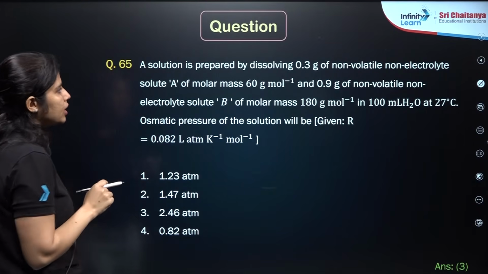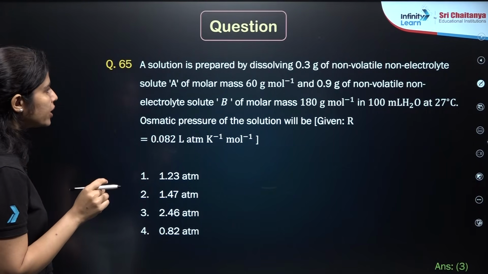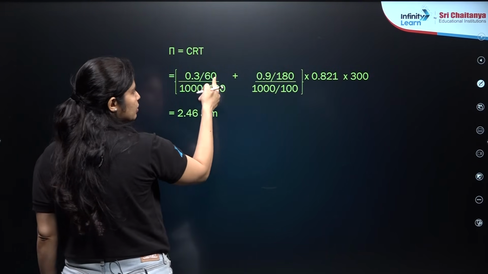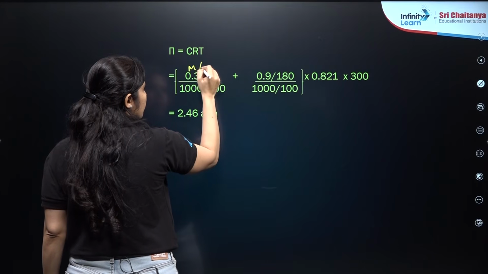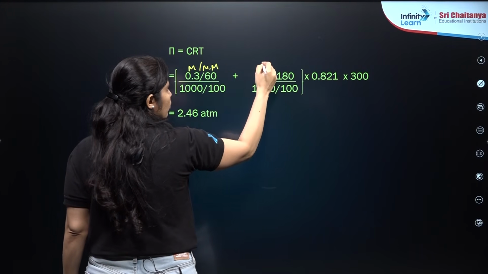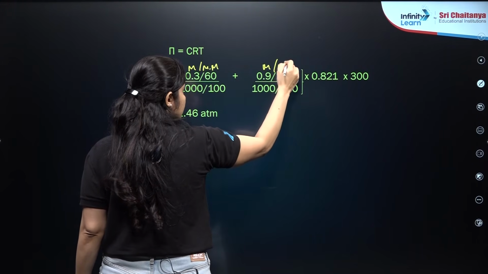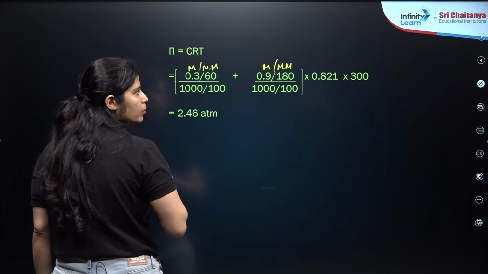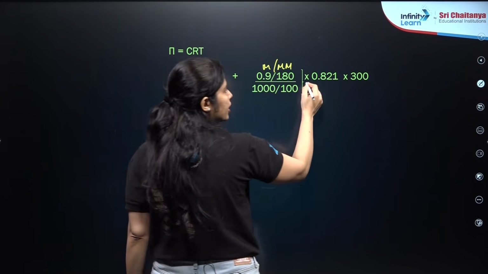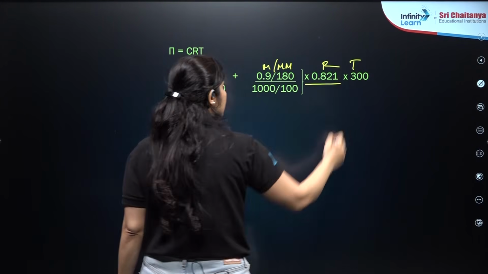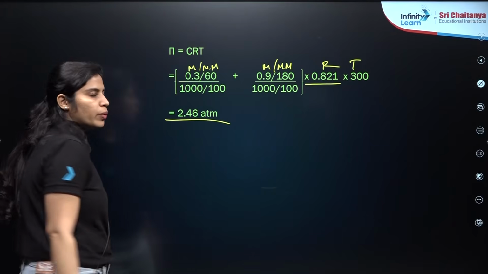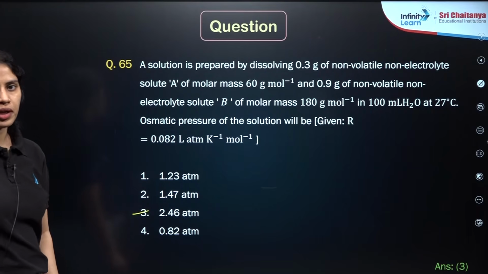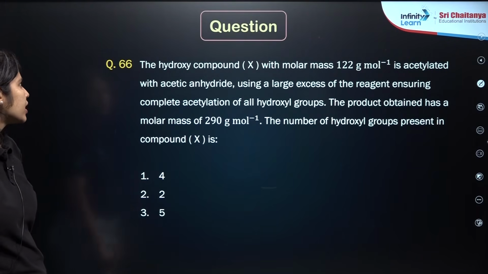Volume is given in ml, so we are going to convert it into liters. Over here also mass by molar mass of B, and over here volume in liters. After that R, and T for temperature, and you will get 2.46. Pretty simple equation as long as you remember the formula well. Okay, let's look at the next question.